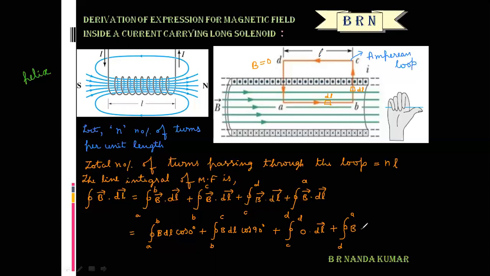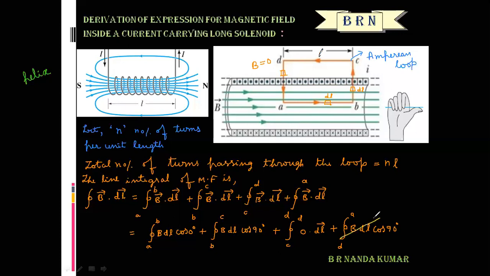So B dl. Now we can choose the small element on DA. So here dl vector is vertically downwards. This is the direction of magnetic field, that is from left to right. So again dl vector is perpendicular to B vector. So the angle in between B vector and dl vector is 90. So this term goes to 0, right?